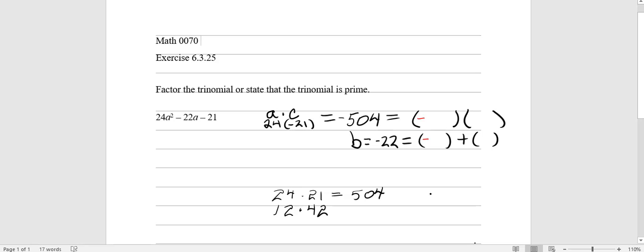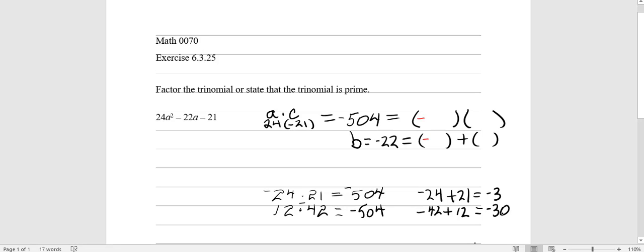All right, now we know if these are going to add to be a negative, we're always going to be assigning the negative sign to the larger of the two numbers. So these two numbers, negative 24 and 21, add to give negative 3. 12 times negative 42 gives me negative 504, and these add to give negative 30.